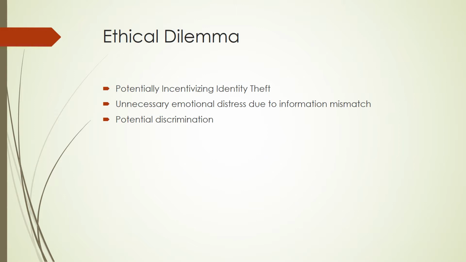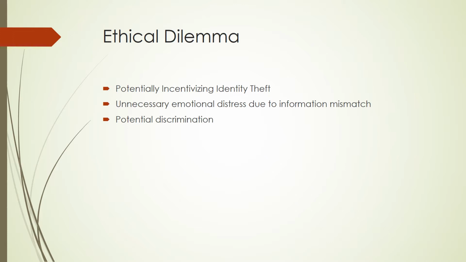The second ethical dilemma would be unnecessary emotional distress due to information mismatch. Making the system mandatory and given the rate of information mismatch, unnecessary emotional distress can come to a potential employee if they are legally authorized to work in the United States, but the system does not find them as authorized.